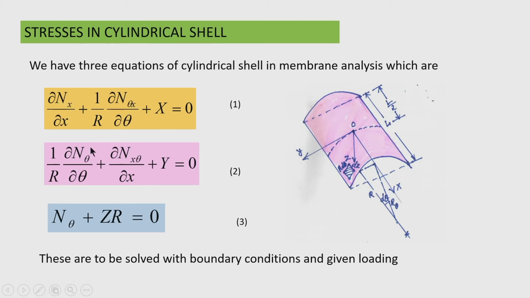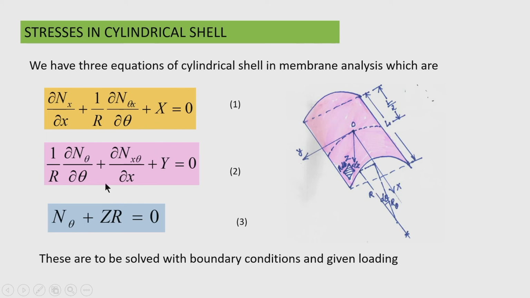One is n_x, the other is n_θ, and the membrane shearing force n_θx, because the components of the load will be known from the given loading condition on the shell. It is obvious that with 3 equations and only 3 unknown quantities, the problem of a cylindrical shell in membrane theory is a statically determinate problem.